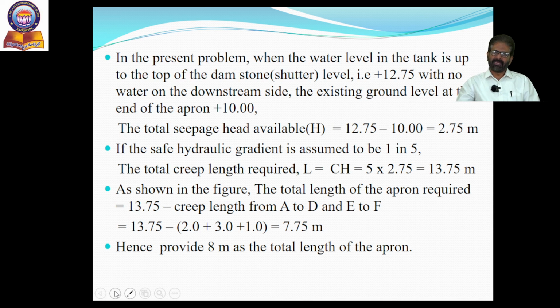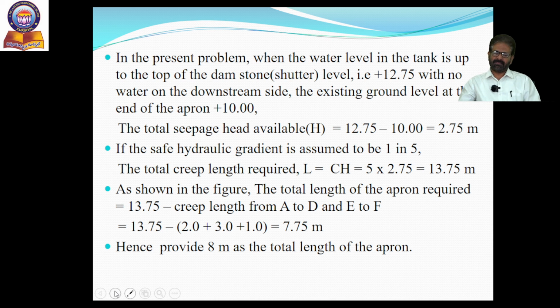By providing the shutters with dam stones, this 12.75 meter level is the top of the shutter level or top of the dam stone level, which is incidentally the maximum water level in the present case. And also on the downstream side, we are assuming that there is no water, no tailwater on the downstream side.